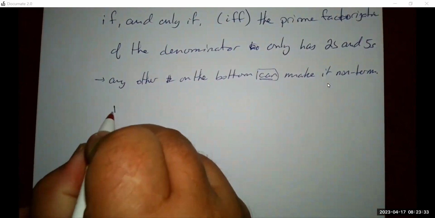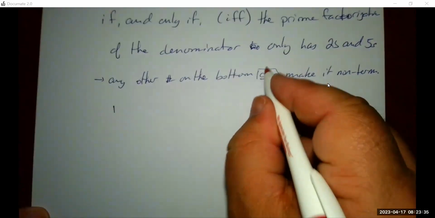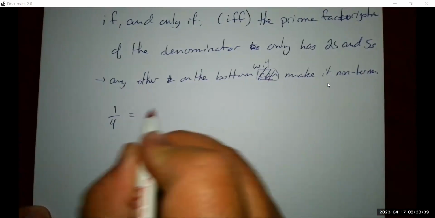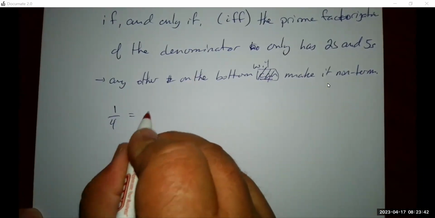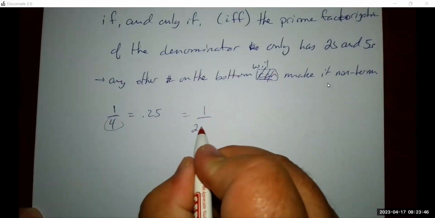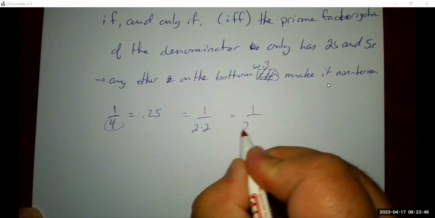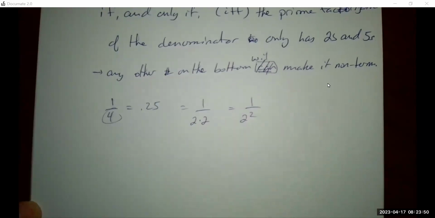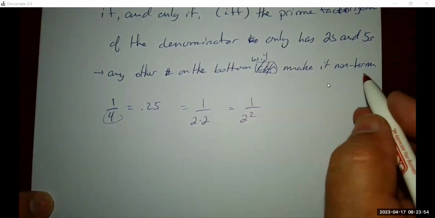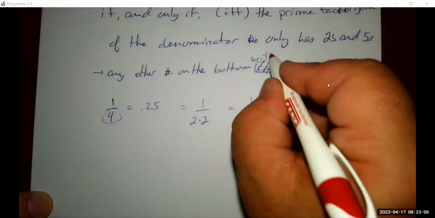For example, well, that's actually, it will make it because 1 over 4 is 0.25, but 4 is made up of 2 times 2. So yeah, any other number on the bottom will make it non-terminating.